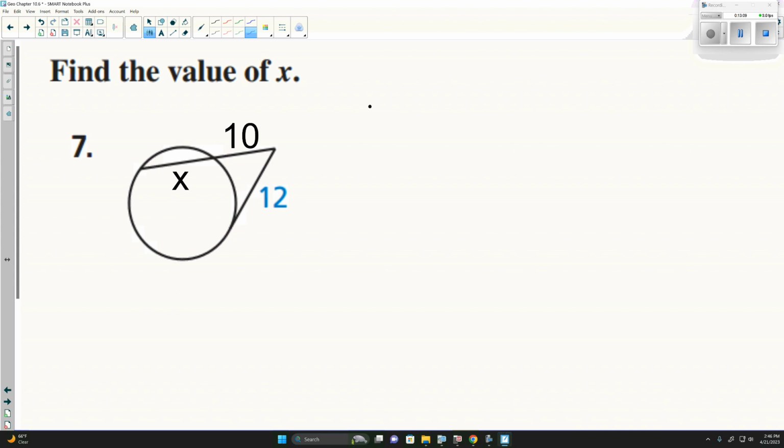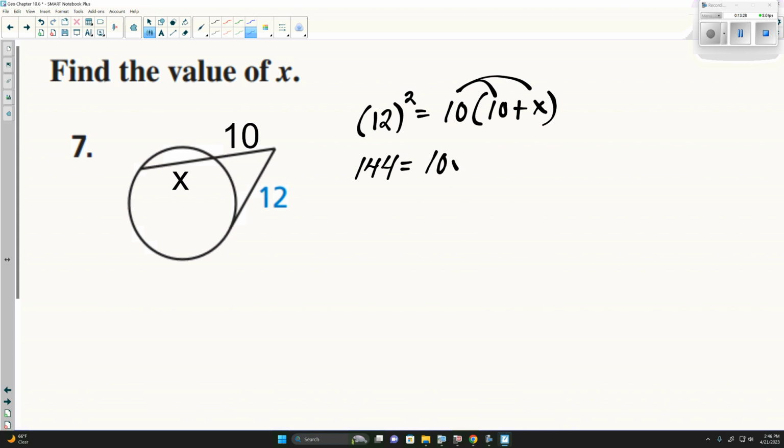Now for us here, we'd have the tangent squared is equal to exterior times the whole. Now 12 squared is, on the other side we would distribute the 10. 10 times x is 10x. 10 times 10 is 100.